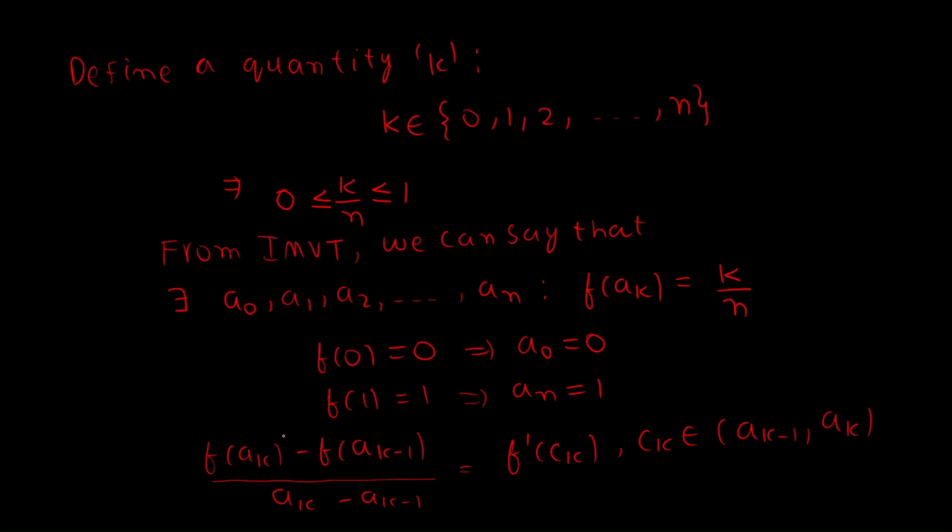Now if I substitute the values of f(ak) and f(ak-1) and then take the reciprocal, I'll get 1 by f'(ck) is equal to n times (ak - ak-1). Now I'll apply summation k equal to 1 to n on both sides.